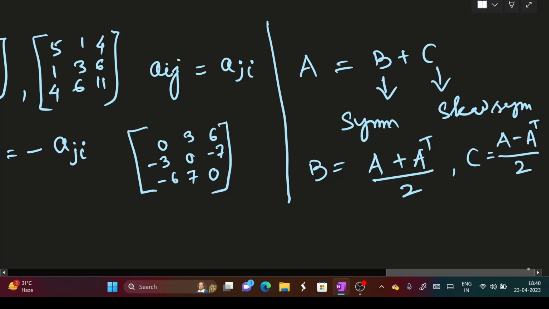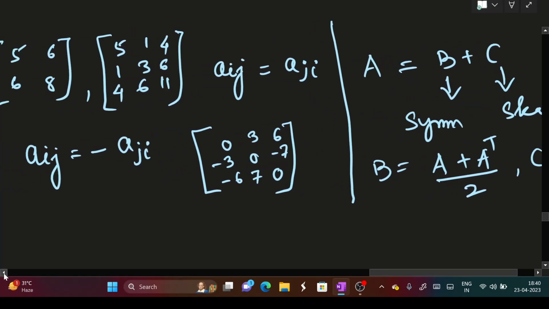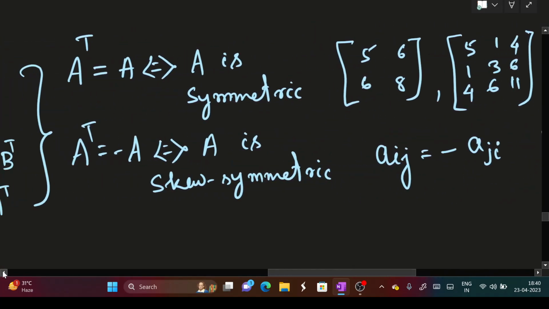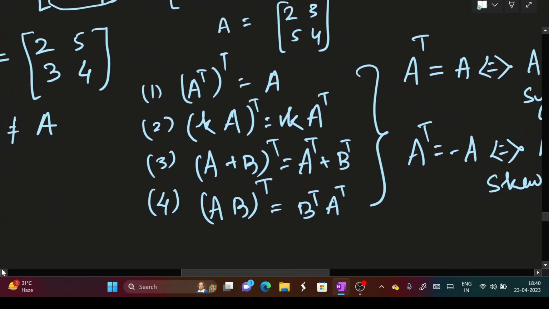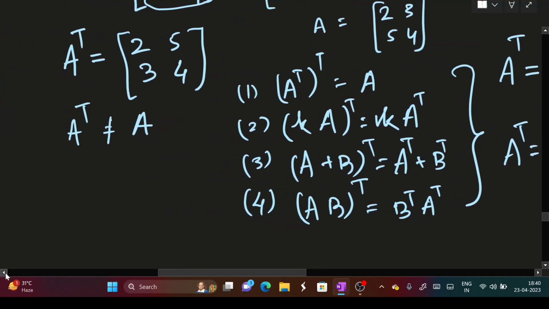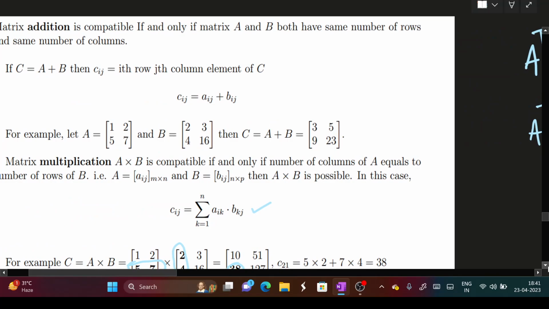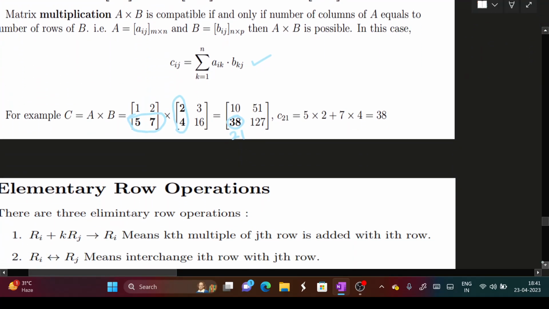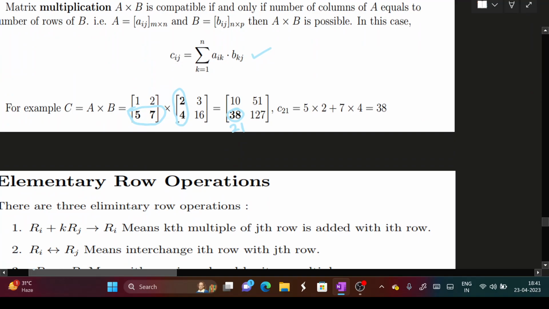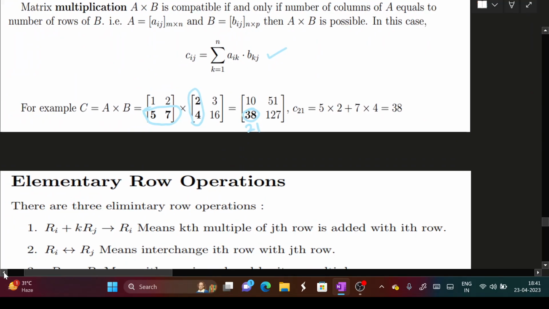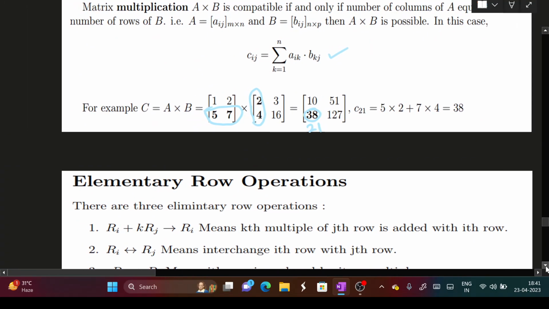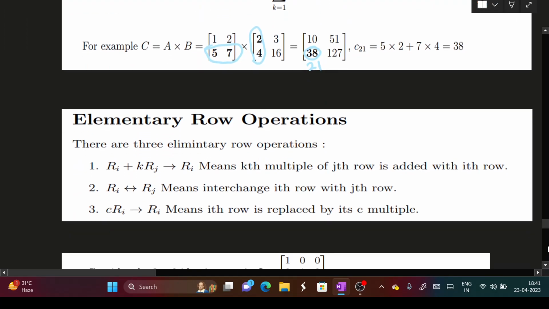Okay. So with this, some of the aspects of matrix notations and matrix multiplication we have discussed. Now let us go to the contents that are given in our Gilbert Strang book. How to get elementary row operations? We know that there are three types of elementary row operations. The first one is Ri plus k Rj stored in Ri.